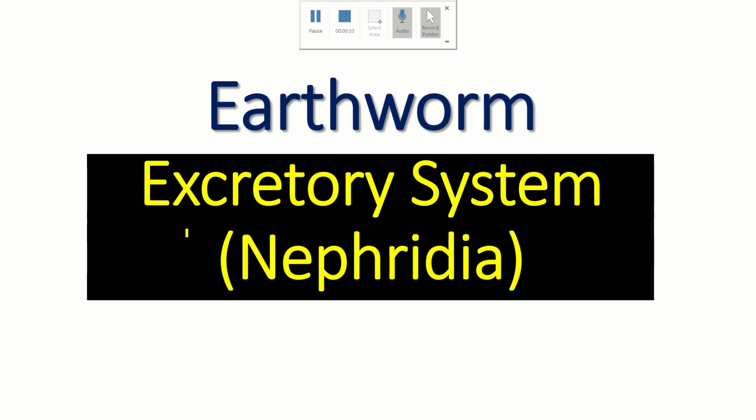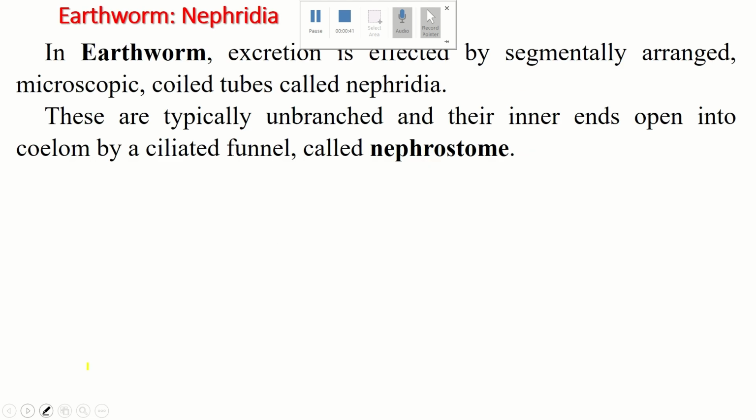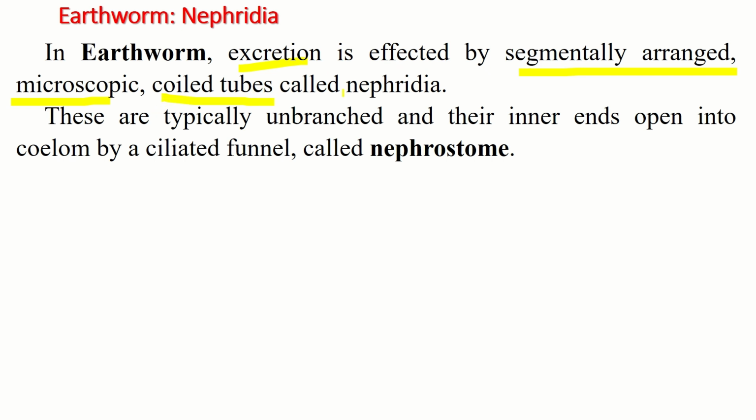When we see the nephridia, they have some structures. In earthworm, excretion takes place with the help of segmentally arranged microscopic coiled tubules called nephridia.